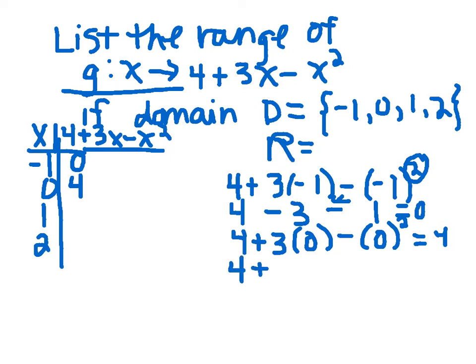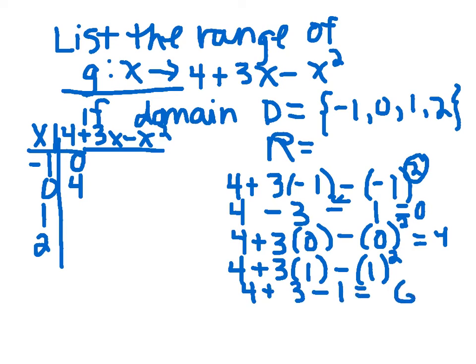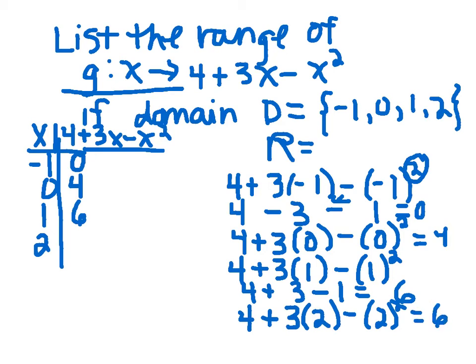When I plug in 1, that's 4 plus 3 minus 1, or 6. And when I plug in 2, I have 4 plus 3 times 2 minus 2 squared. 4 plus 6 is 10, minus 4 is also 6.